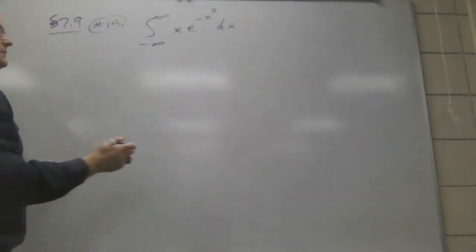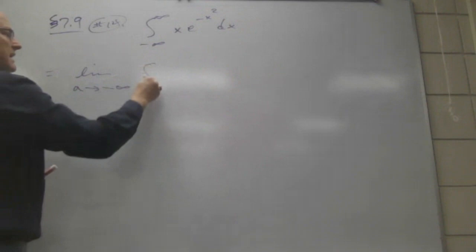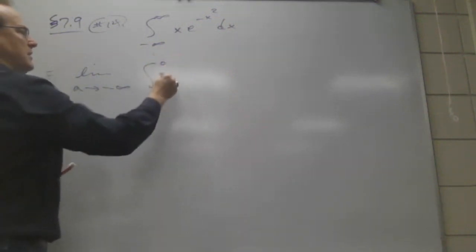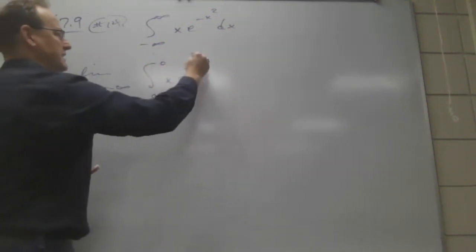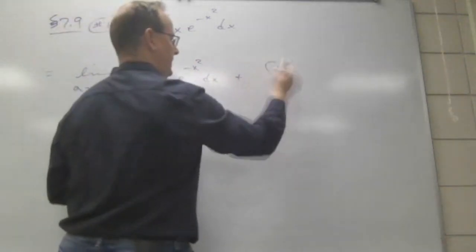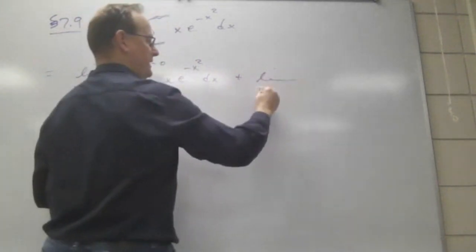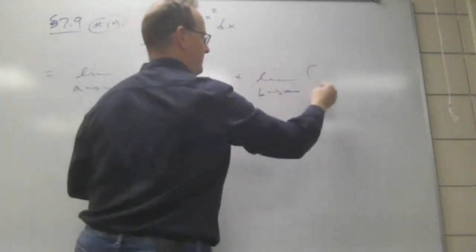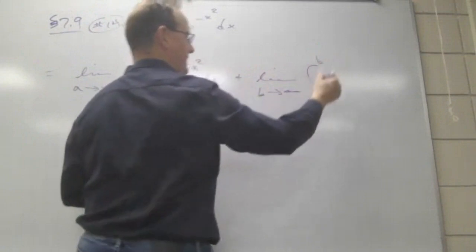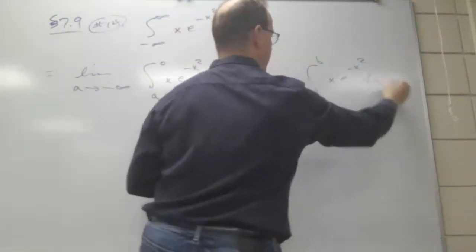I'm going to go to 0. So I'm going to rewrite this as the limit as a goes to negative infinity of the definite integral from a to 0 of x e to the minus x squared dx plus, sorry, I've got to do the limit as b goes to infinity, definite integral 0 to b of x e to the minus x squared dx.